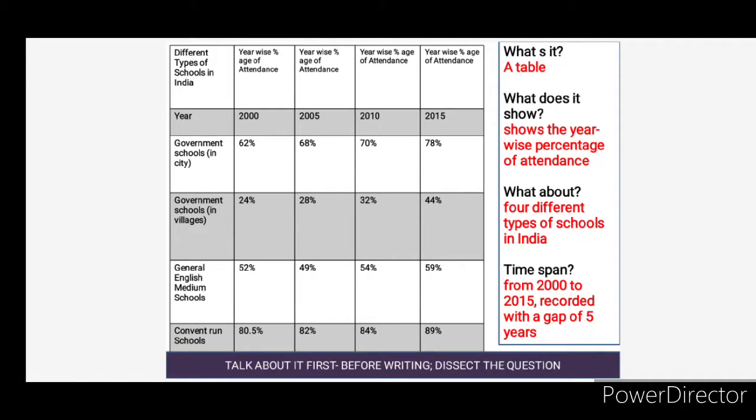As you can see, it's a table showing the year-wise percentage of attendance in 4 different types of schools in India from 2000 to 2015, recorded with a gap of 5 years. So how are you going to analyze it? That is the question, right?